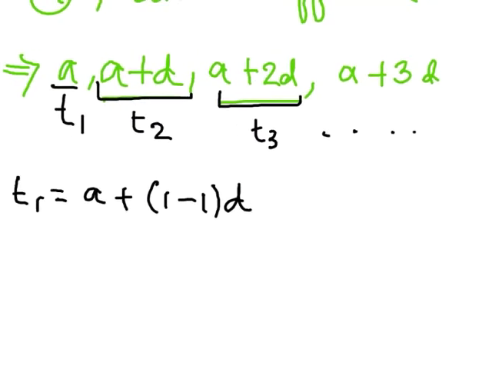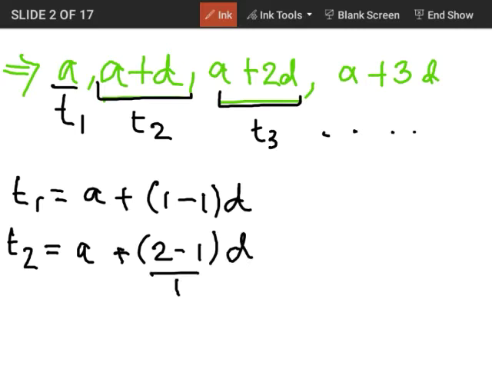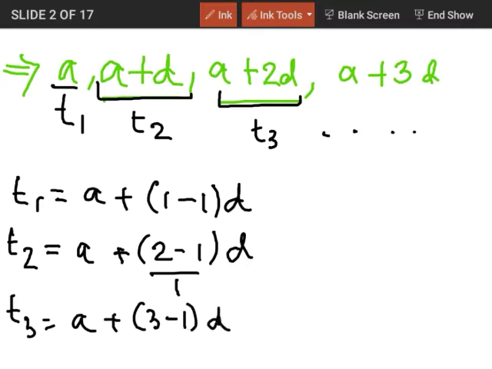Okay, so the first term will remain a. Now if we talk about the second term t2, our t2 is a plus d. Can I write this as a plus (2 minus 1) into d? So this will be 1 and this will remain a plus d. So the second one we can also write like this. Similarly, the third one we can write as a plus (3 minus 1) into d, like this.